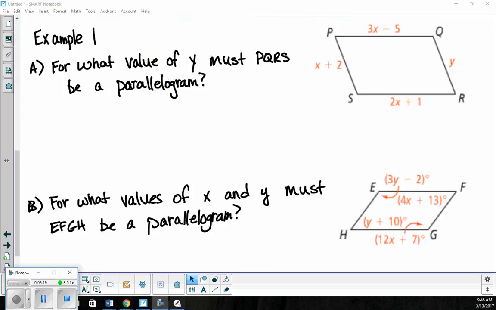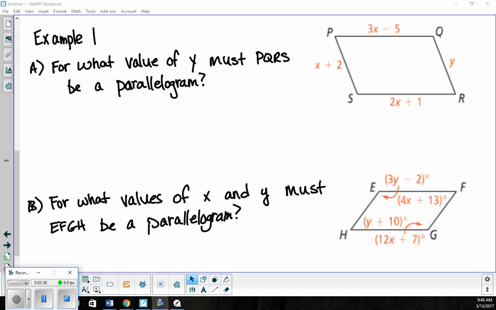So when you look at problems like this, you need to look at what you're given, right? In part A, for what value of y must PQRS be a parallelogram? We're given the side lengths, right?